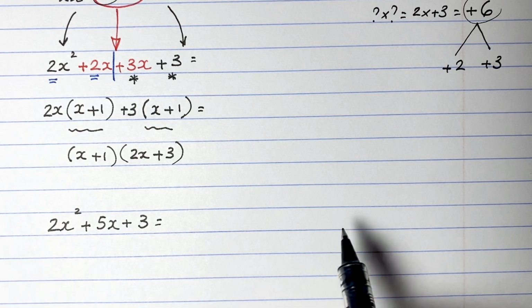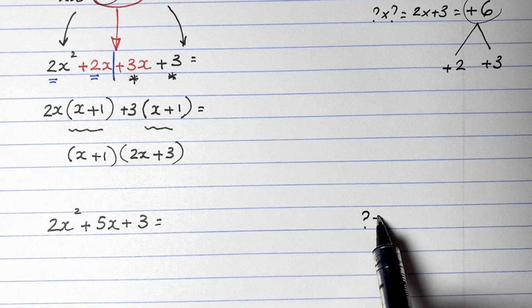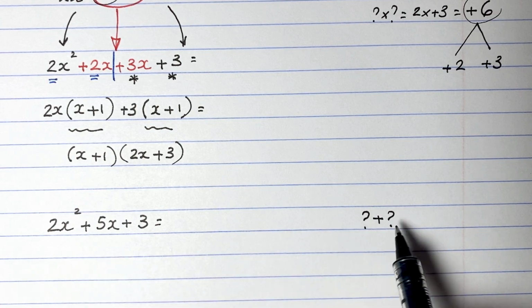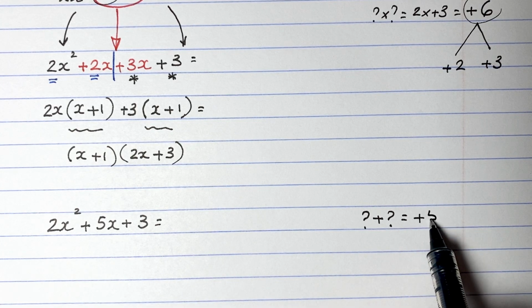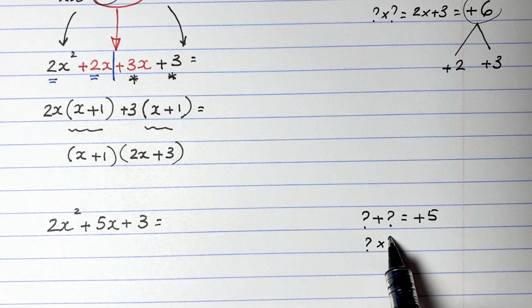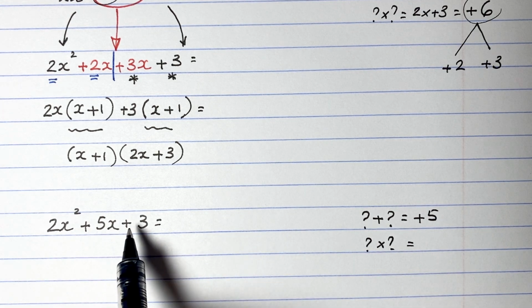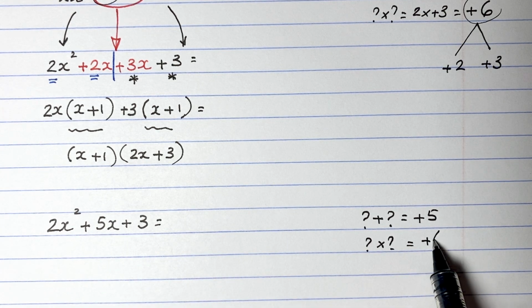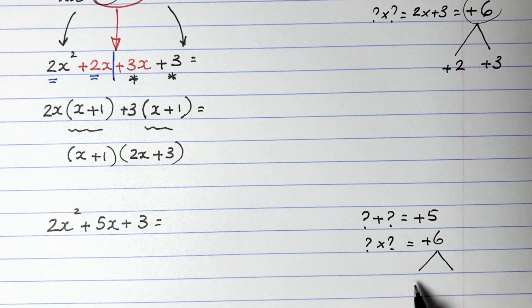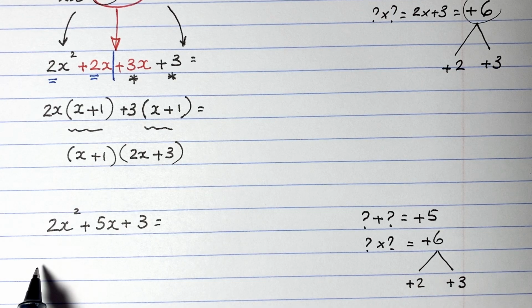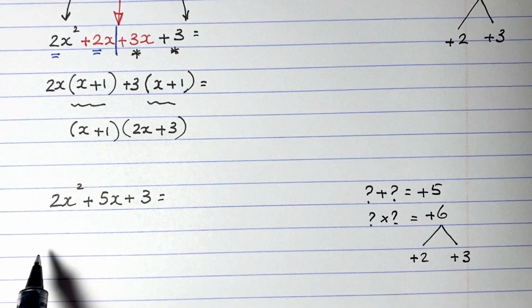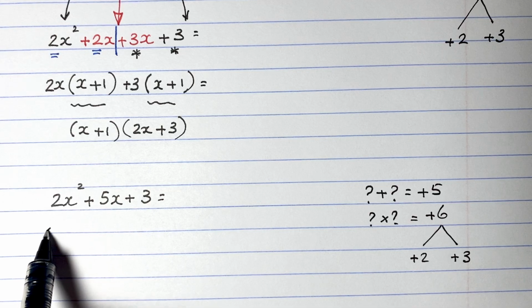Same question, same idea regarding the clues. Question mark plus question mark equals plus 5. Question mark times question mark equals plus 2 times plus 3, which is plus 6. Same thing, so we have plus 2 and plus 3. This method is that you go straight into the answer, but what you start with is not correct.